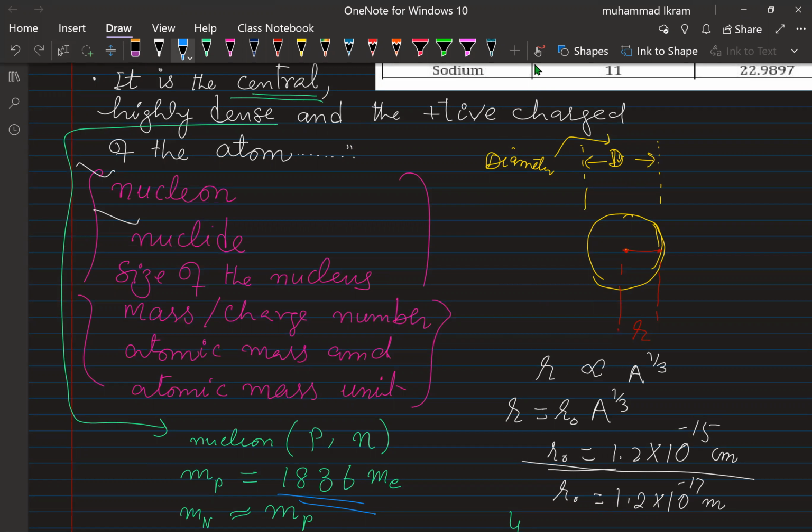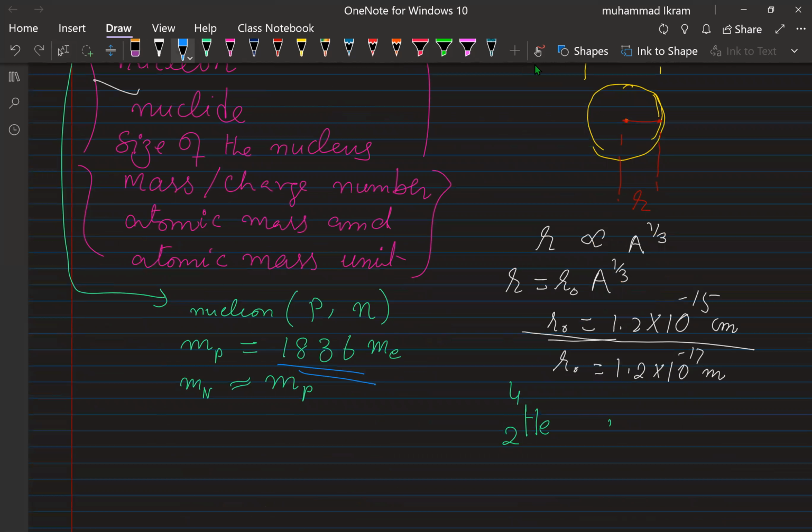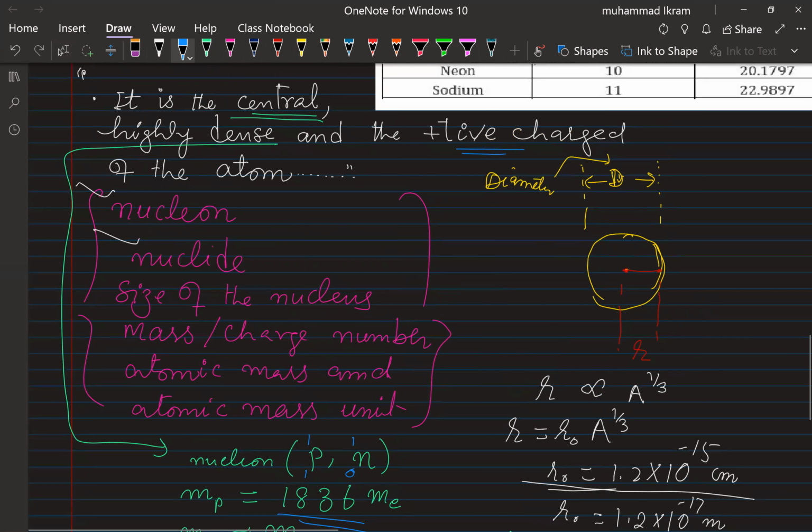Now the positive charge part, since you know the neutron carries no charge. Neutron has mass while it has no charge, right? While proton has mass also and it has charge also. So this is why I told that it is the positively charged part of the matter.